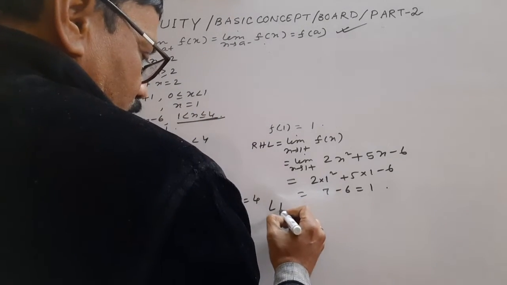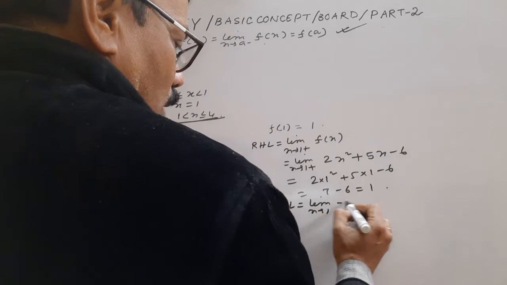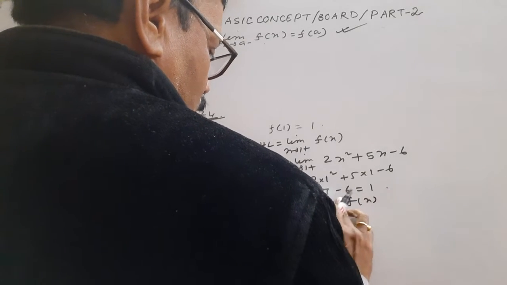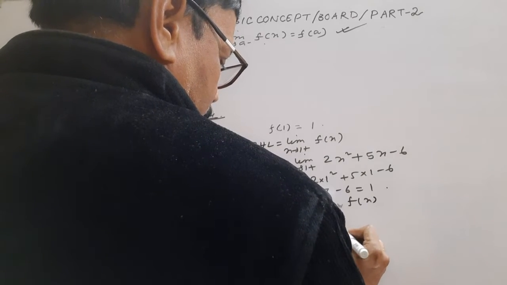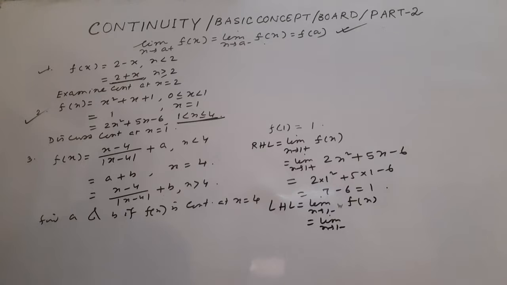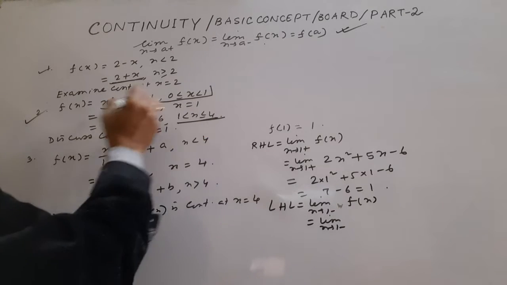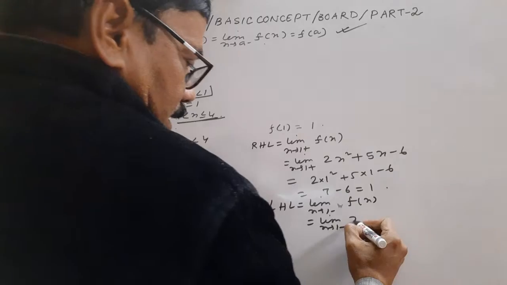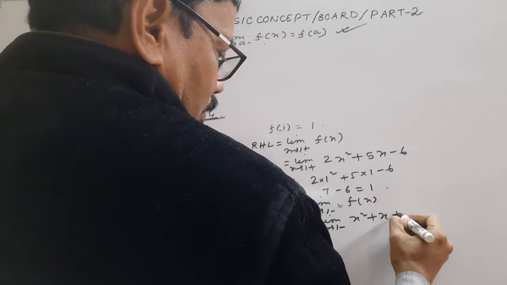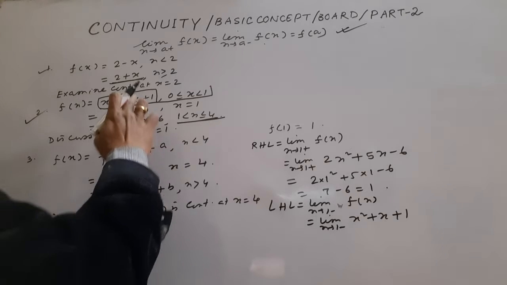Now what is LHL? Limit x tends to 1 minus f(x). 1 minus, so lesser than 1, but by a very small amount. Lesser than 1, so this will be the f(x): x square plus x plus 1. So you modify it.